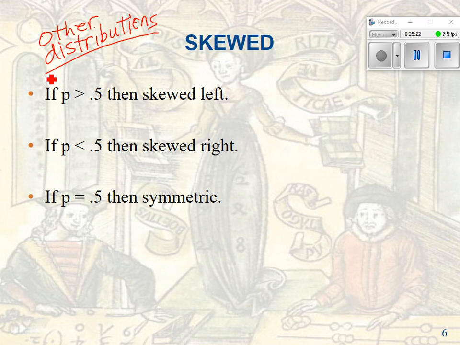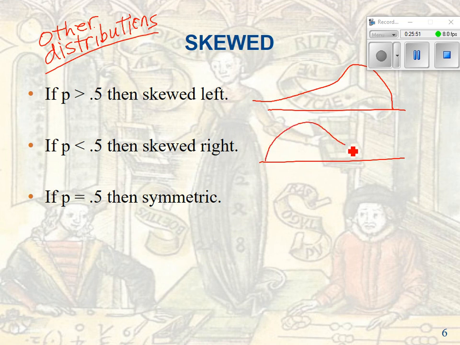If your probability is greater than 0.5, so greater than 50%, then remember it's skewed left. A skewed left graph means the tail's on the left, so it'd have the taller stuff down here and then fade off that way. If the probability is less than 0.5, less than 50%, then it's going to be skewed right, tailed off this way.